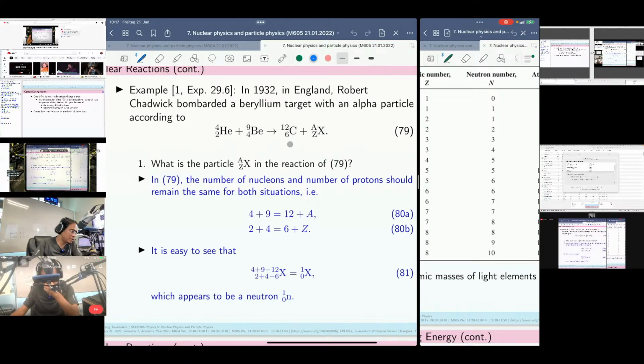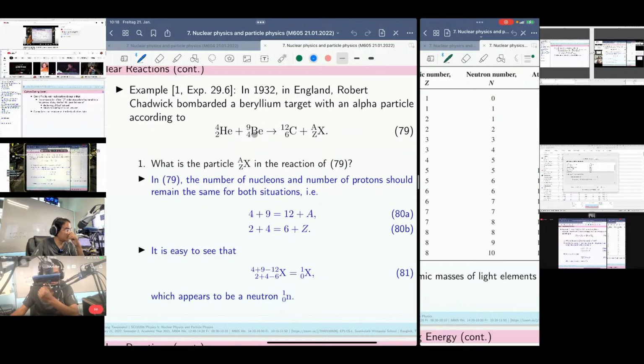Even if you put in so much energy, accelerating the alpha particle to hit the beryllium, the outcome might have some remaining energy and will move due to the remaining kinetic energy.